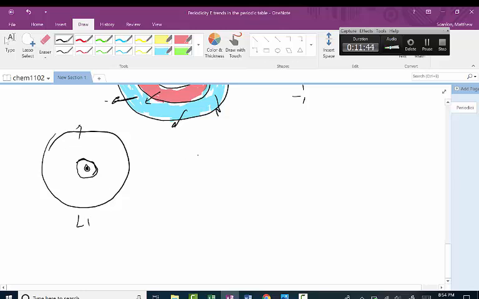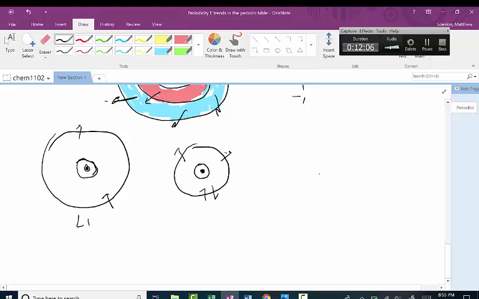Then as we go across, if I jump over to carbon, I have my shell, and I got this one being sucked in, and then it goes like that, because here I had one electron, now I have 1, 2, 3, 4 electrons being sucked in with a +4 charge.